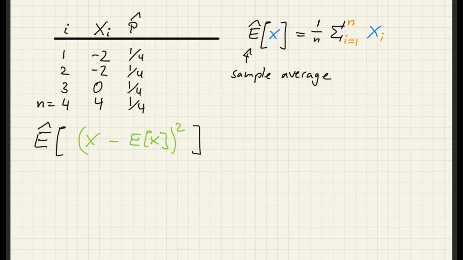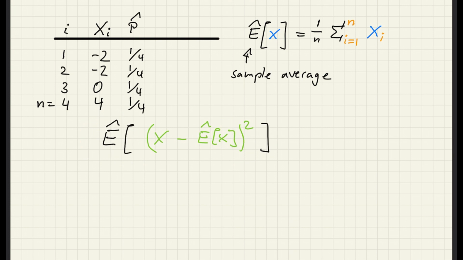What we do is that we put a hat on here, we put a hat on here. This is a reasonable way to define a sample variance. Let's make this official by calling this the variance of X. But it's not the population variance, it's the sample variance, so we put a hat on it.